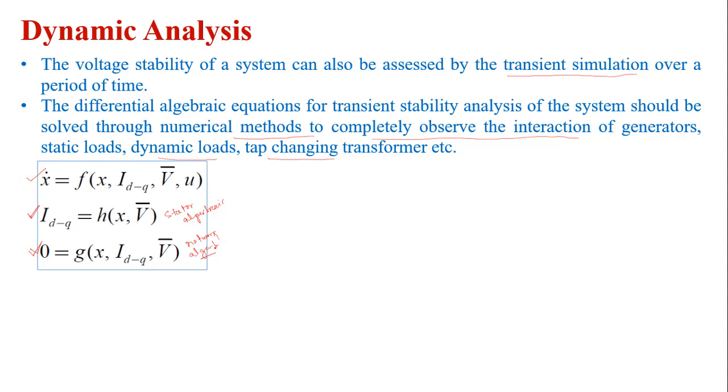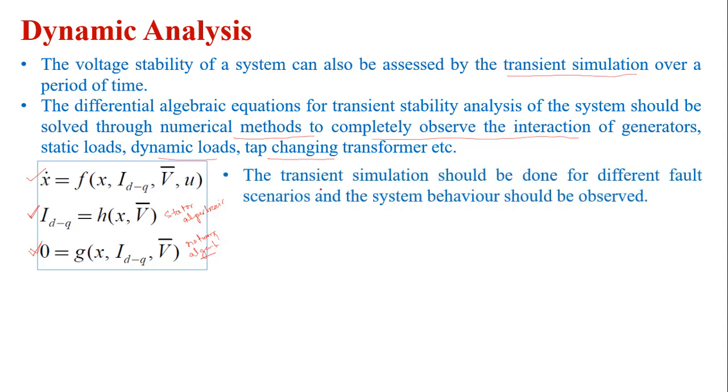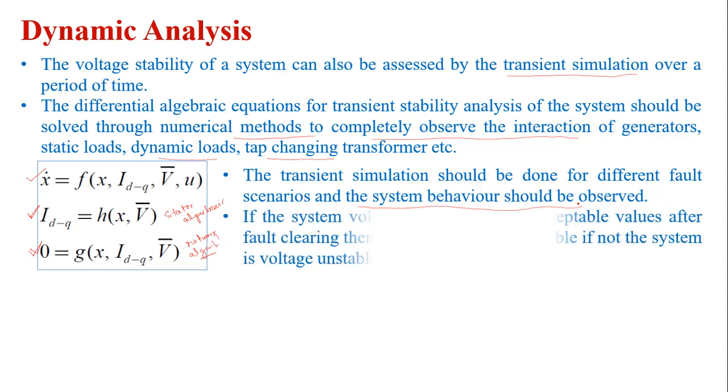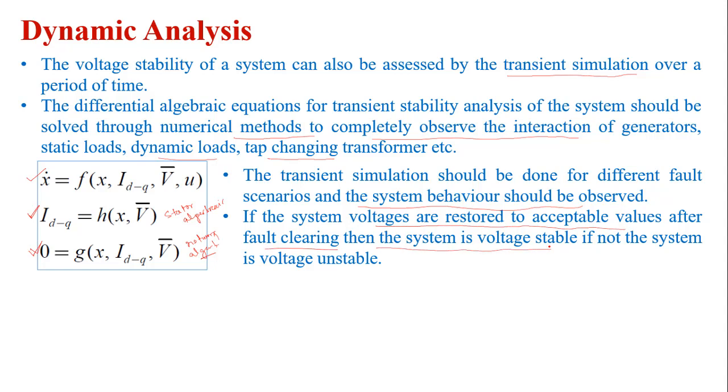So the transient simulation should be done for different fault scenarios, and the system behavior should be observed for different fault scenarios. If the system voltages are restored to acceptable values after fault clearing, then the system is voltage stable. If not, then the system is voltage unstable.